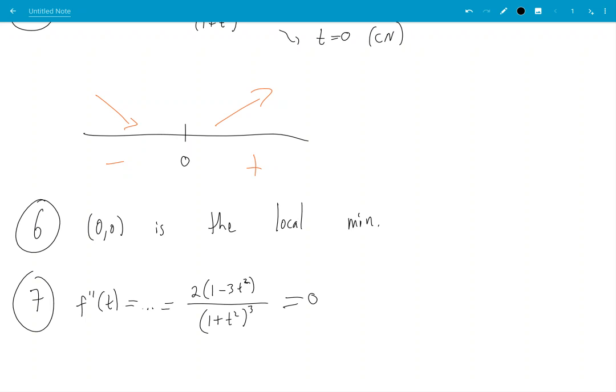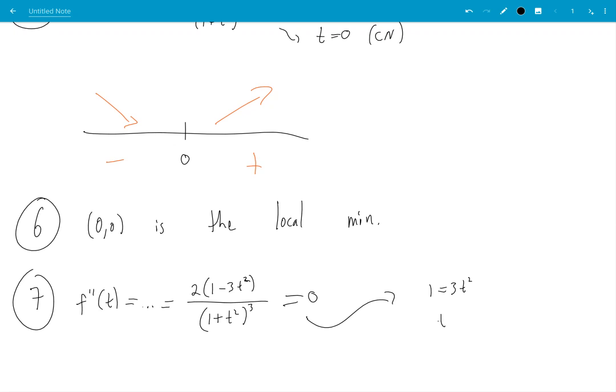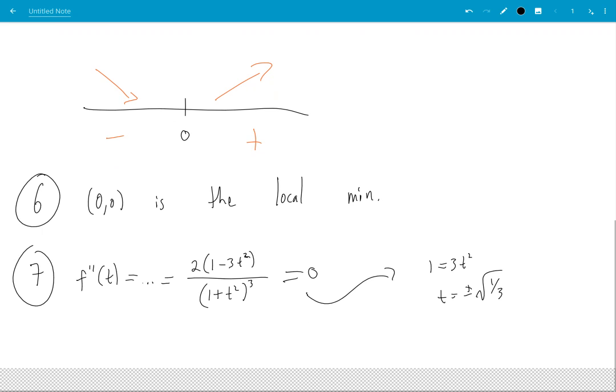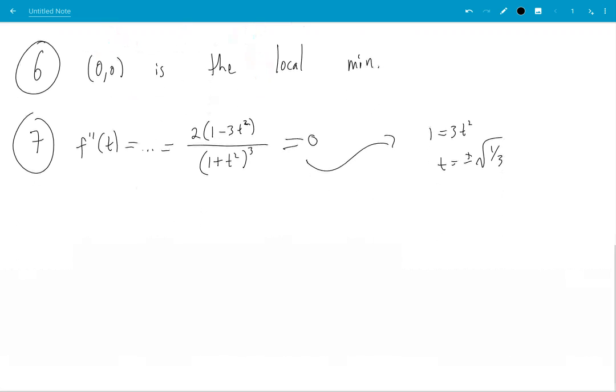If you set that equal to 0, you get 1 is equal to 3t squared. It's the only possibility. So t is equal to plus or minus root of a third. That's when my second derivative is 0.